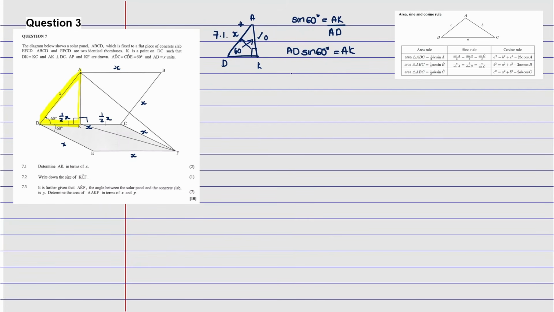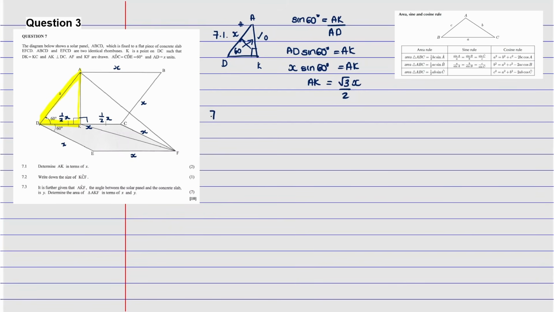So AD is X. So this is going to be X sine 60 degrees is equals to AK. So therefore AK, if you substitute sine 60, it's going to be equals to root 3 divided by 2. Then this is going to be multiplied by X. So do you see the fact that our answer AK is only in terms of X, right?